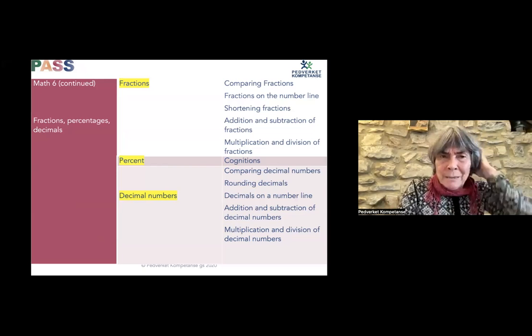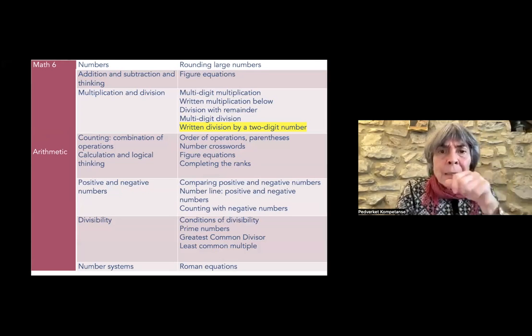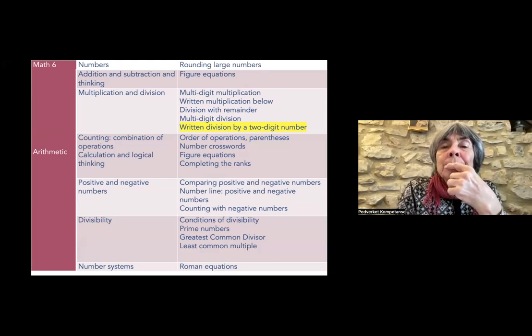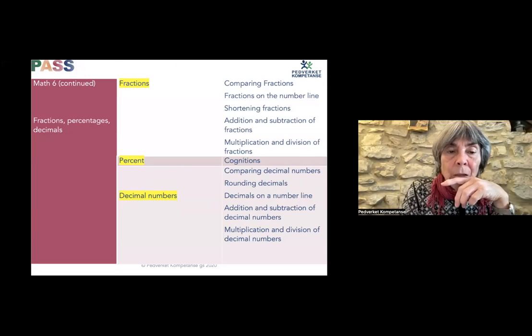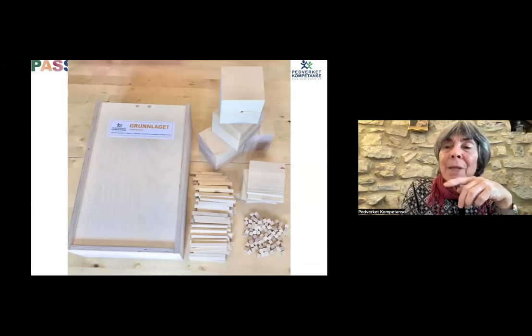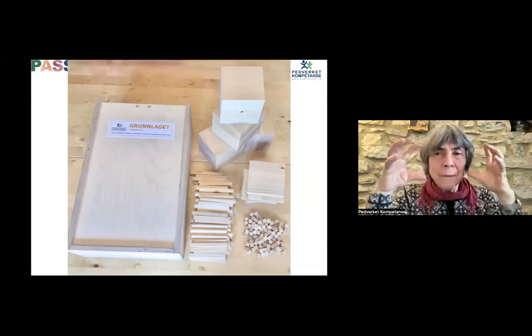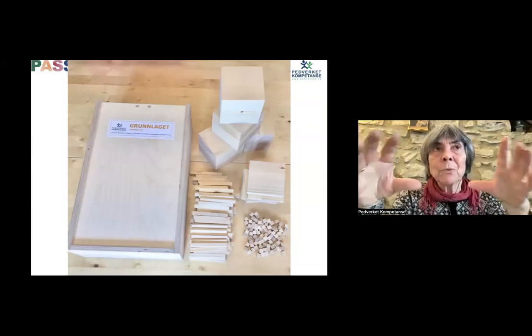And I'm not sure that everything was yellowed here, because written division and also written multiplication below. I will give you some pictures on that. So those are the main topics that we are going to work with.